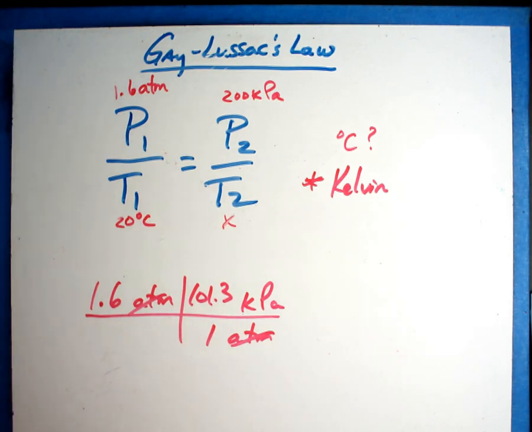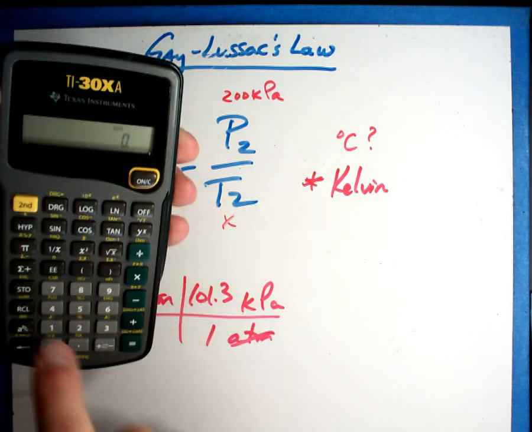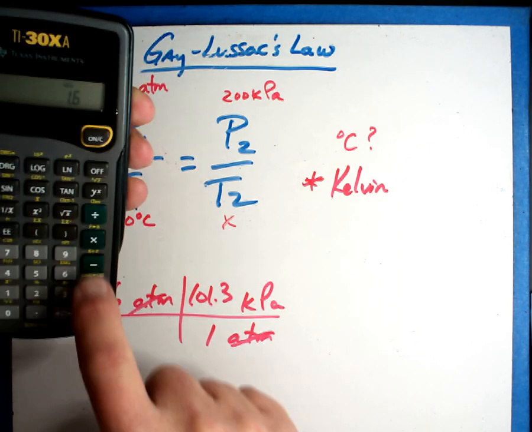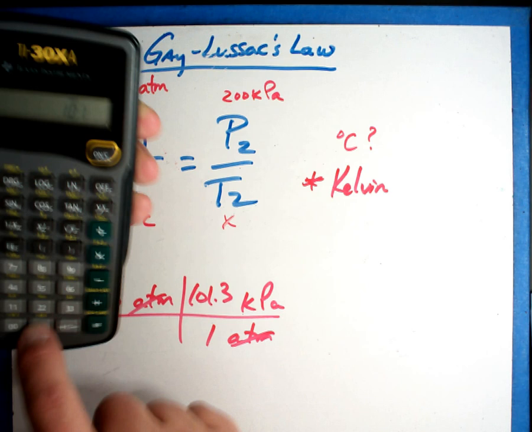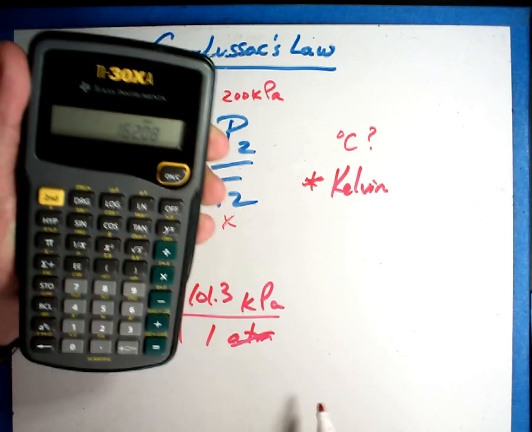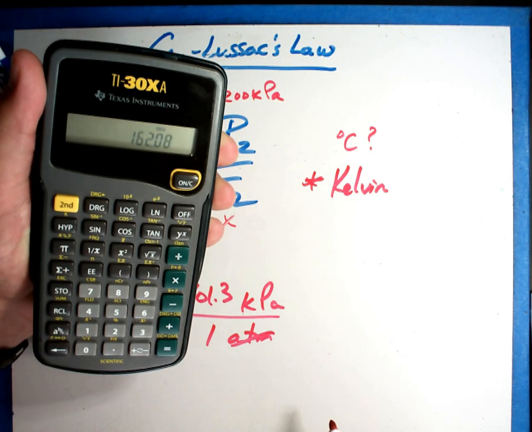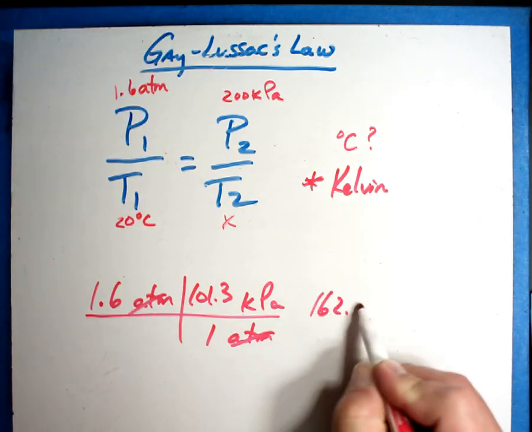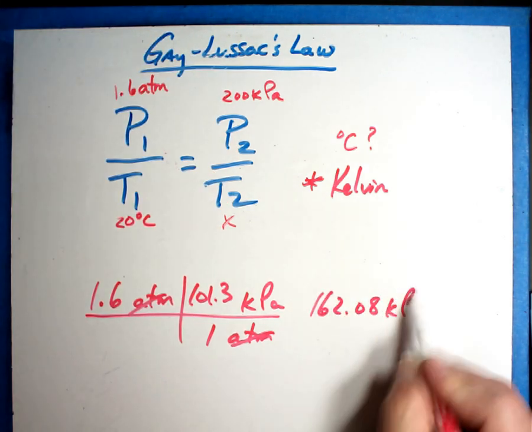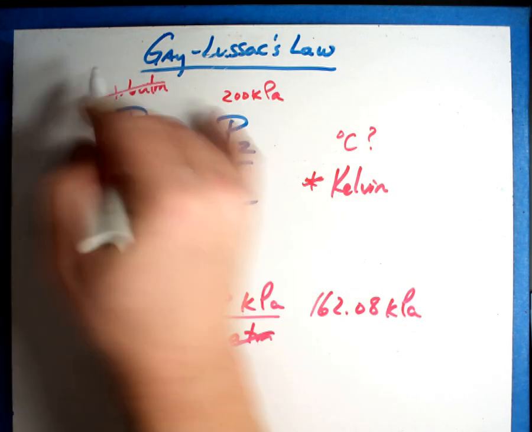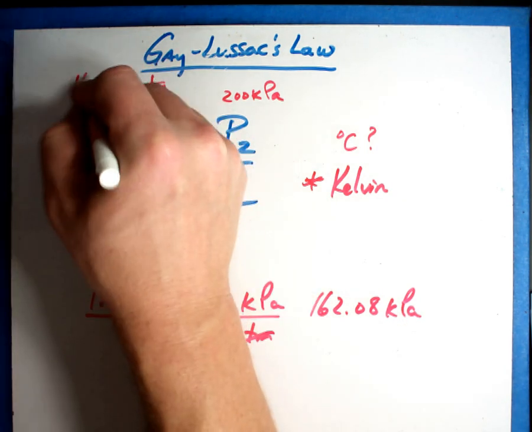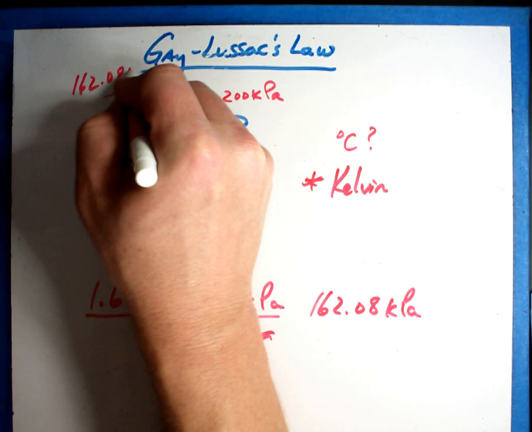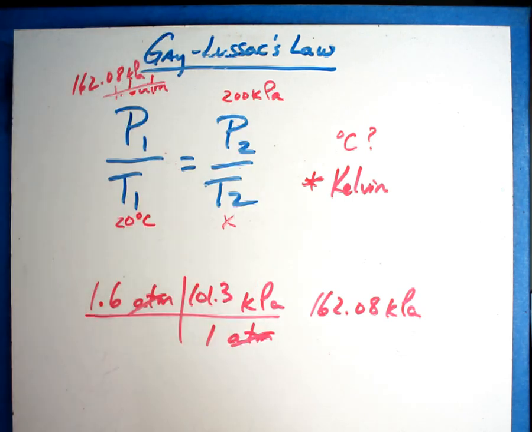So I take my calculator: 1.6 times 101.3, and I get 162.08 kPa. So I'm going to mark this number out and write in 162.08 kPa. Now I have that value written in there, so the pressures match and I can work the problem.